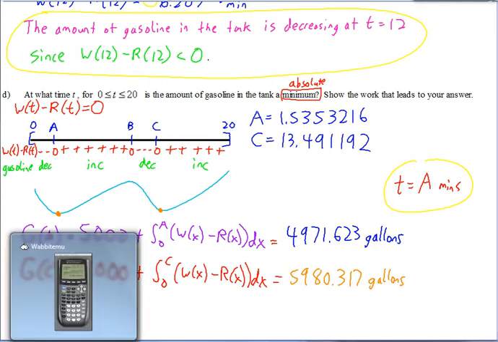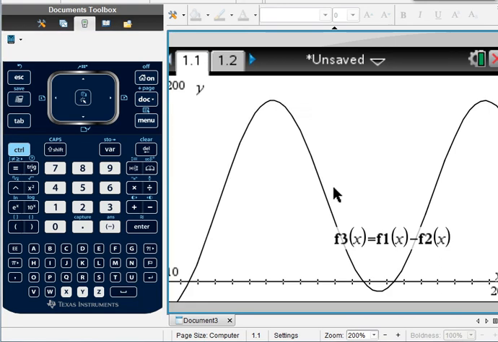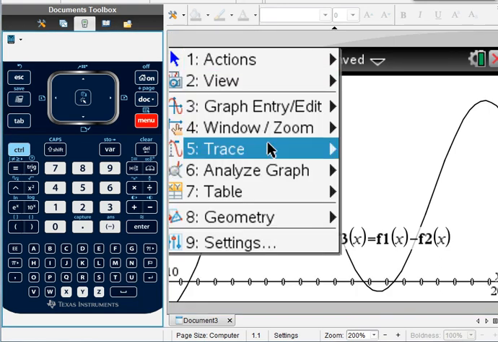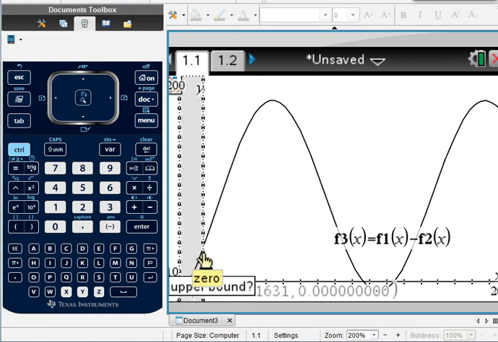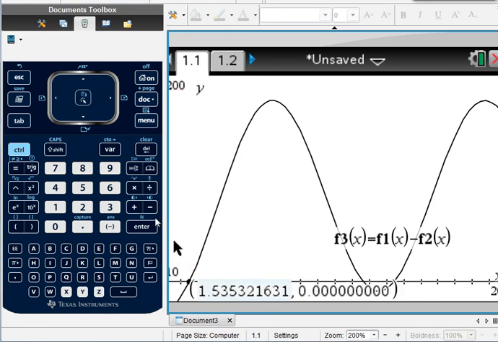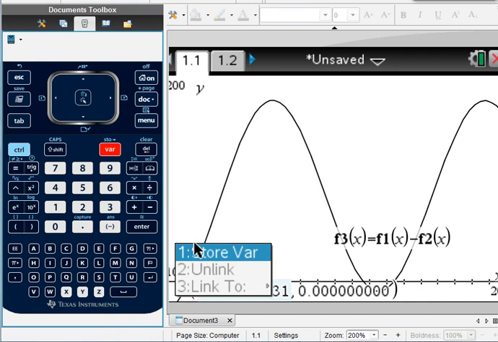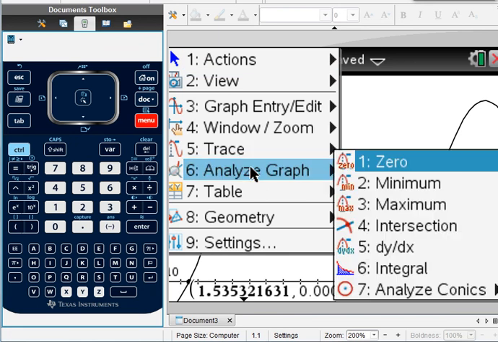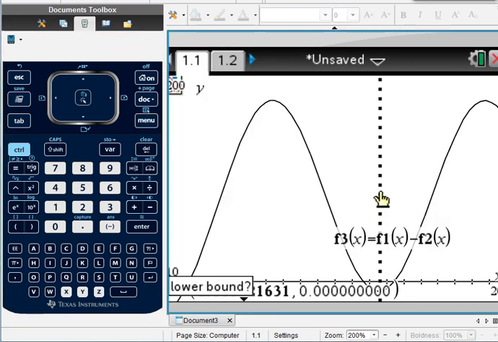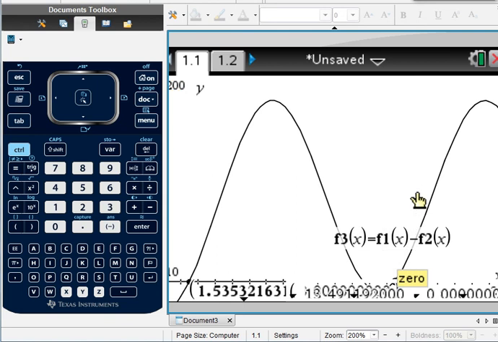To find the zeros, remember, you just go graph and go menu, analyze graph, zeros, lower bound, upper bound. Let's store that as C. And then, sorry, oops, that was A. Sorry about that.